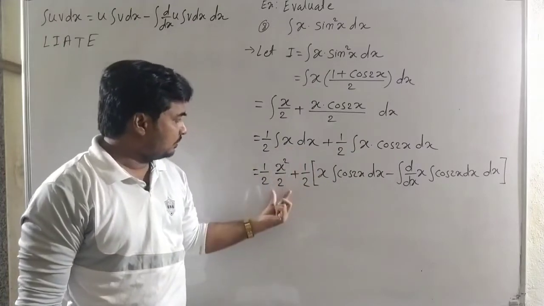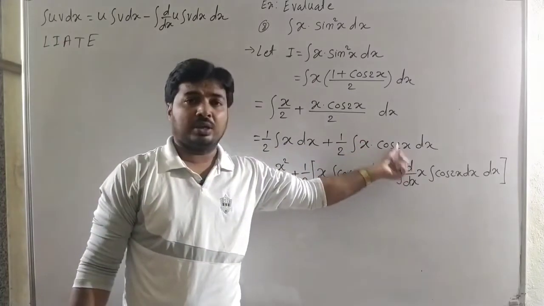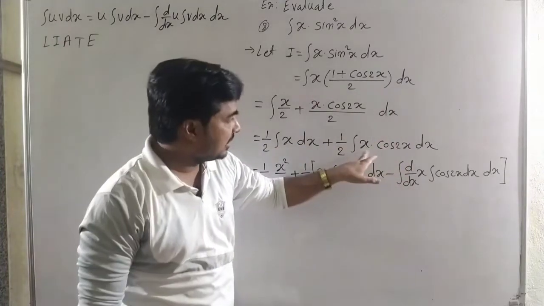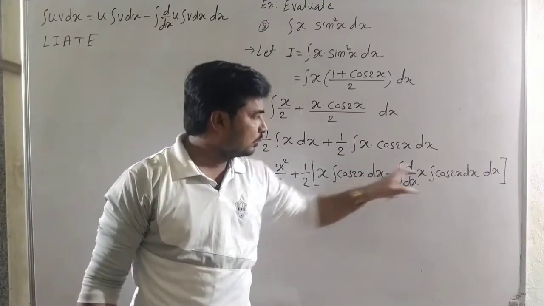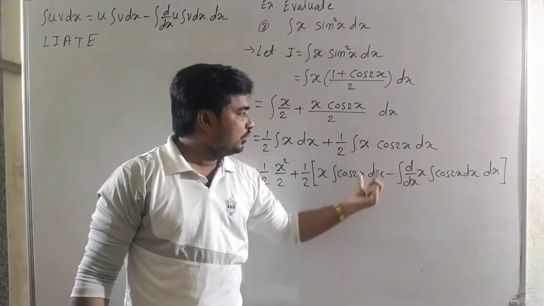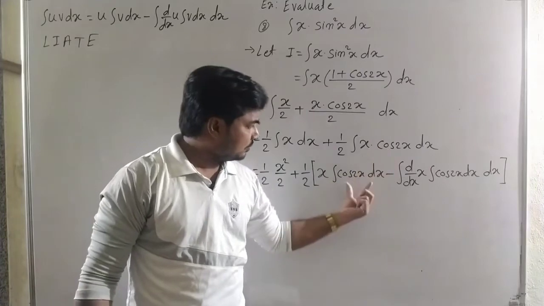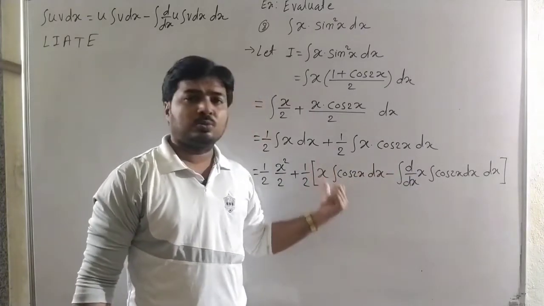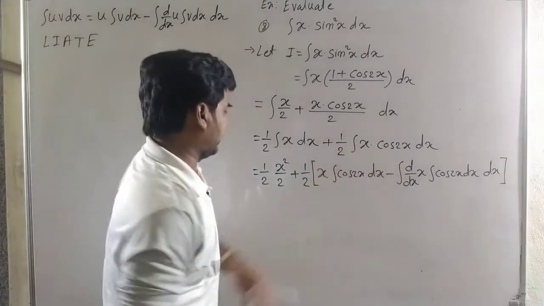It is a standard form, and here it is u into v. By using integration by parts, we apply the formula for u into v. Now we integrate.